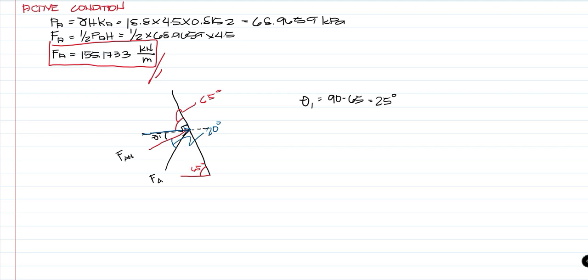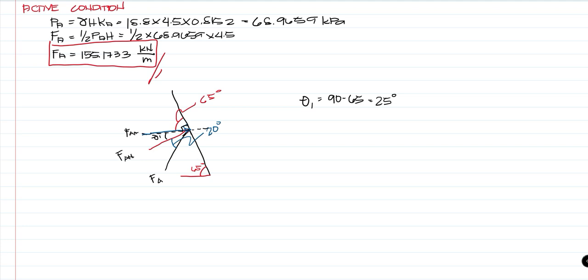So para makuha na natin yung FAH na nandito, which is the horizontal component of the active force, so we can have FAH is equal to, so syempre, dun muna tayo sa function. So kapag ginamit natin yun, or kapag kukunin natin yun, that will be a cosine function.